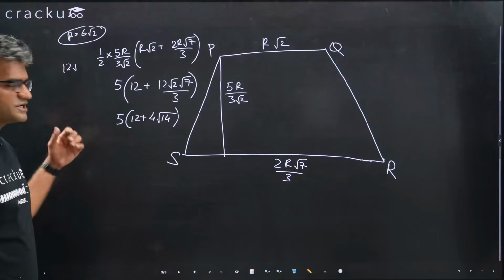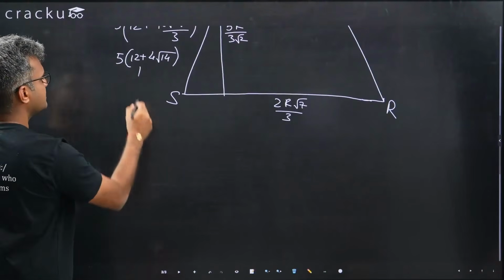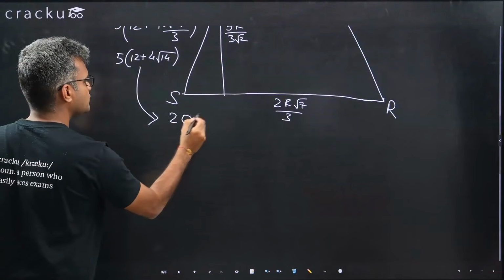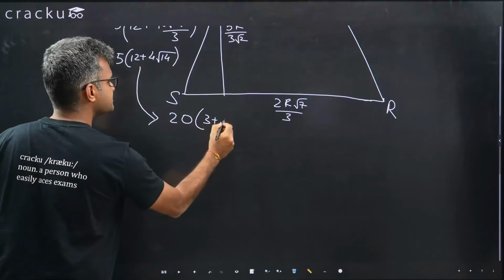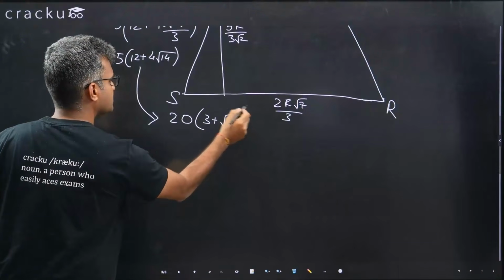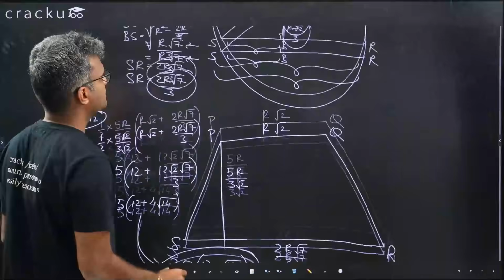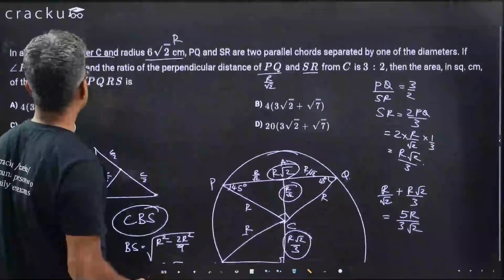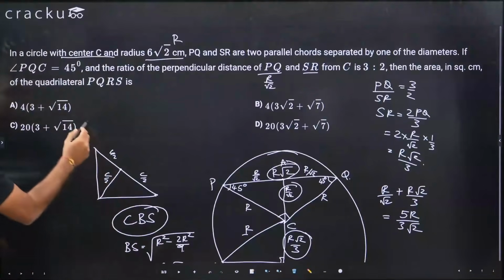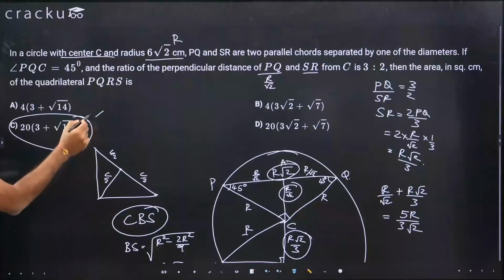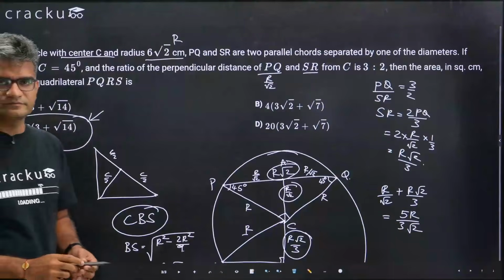You can take 4 outside the bracket over here, and that will be 20 into 3 plus square root of 14. This will be the area of the quadrilateral. If you are looking at the options, that will be option C, which is 20 into 3 plus square root of 14.